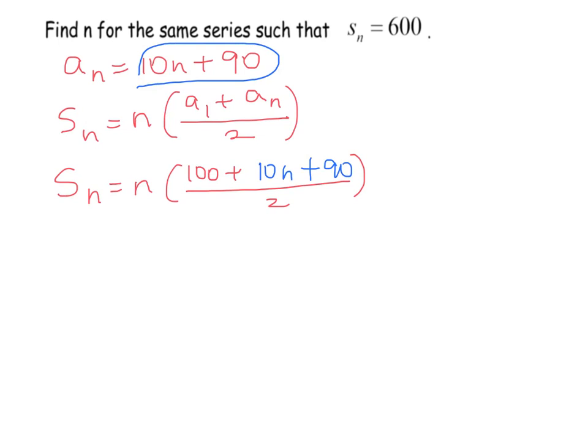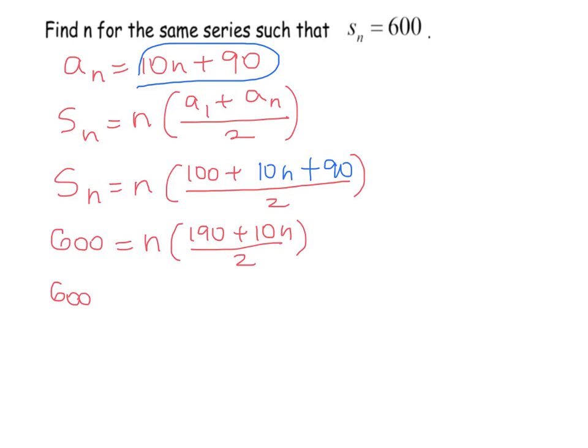So I know that the sum they gave me was 600, so I replace that: 600 will equal n times (190 plus 10n) divided by 2.